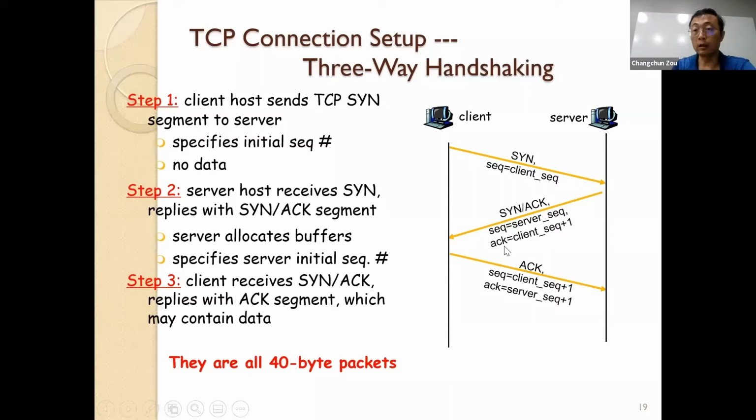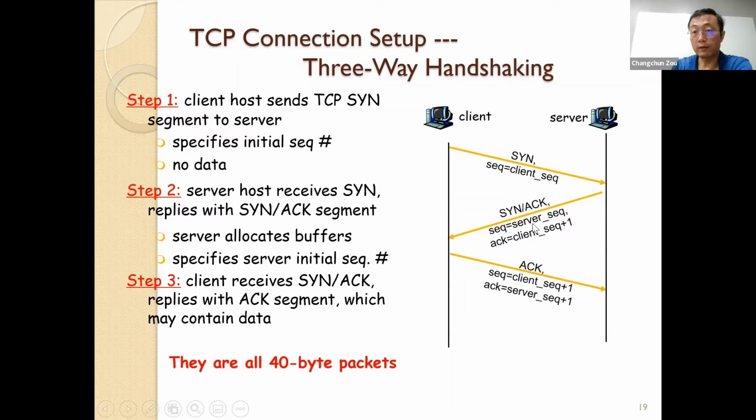So both nodes need to determine their initial sequence number for their own data stream. And the acknowledge number field will have the client sequence number +1. Basically it tells the client that I received your sequence number correctly. So this is like challenge and response. If I challenge a value to you, and you respond with this value +1, then I know that you have received this number correctly.